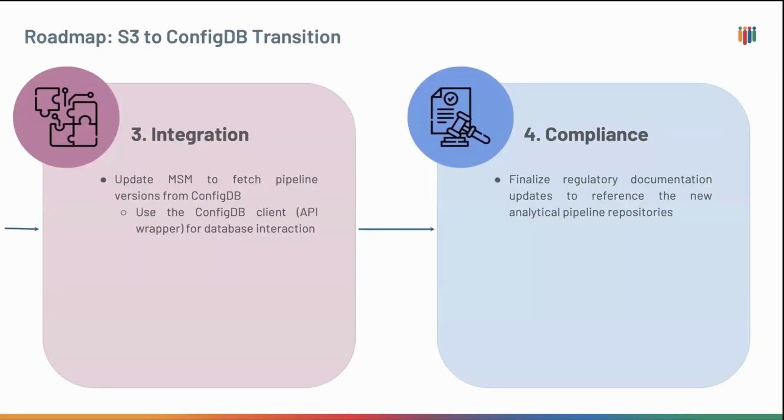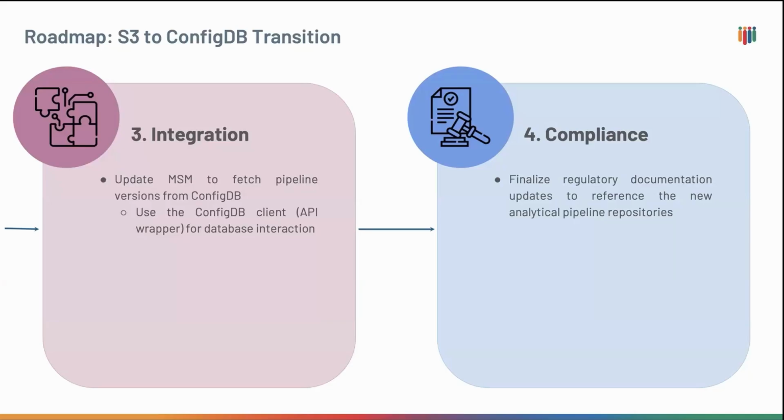We then move on to the integration phase, where we update all the consumers of the config DB, like the MSM, to fetch appropriate pipeline version and configuration information directly from the config DB instead of the S3 buckets.